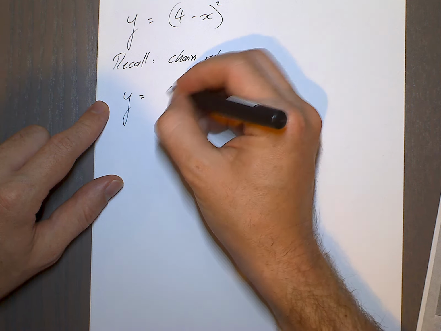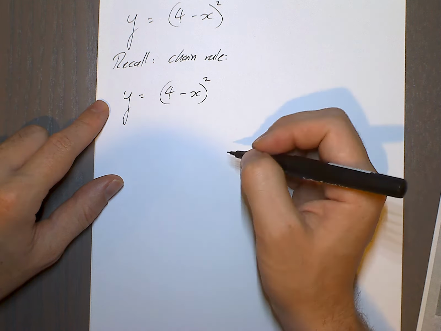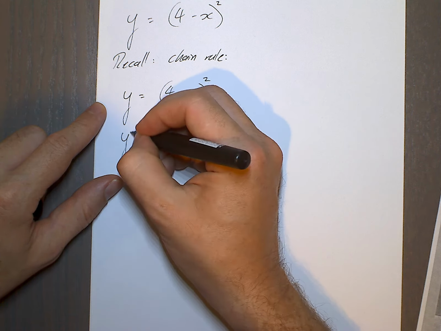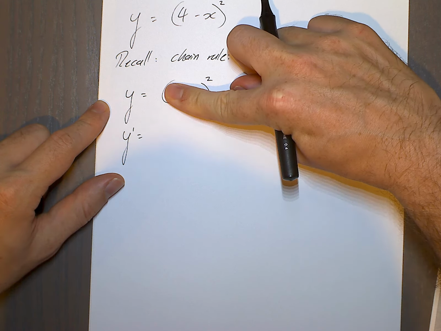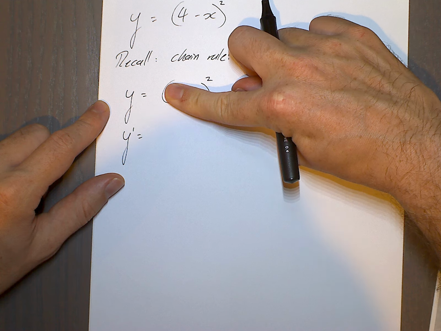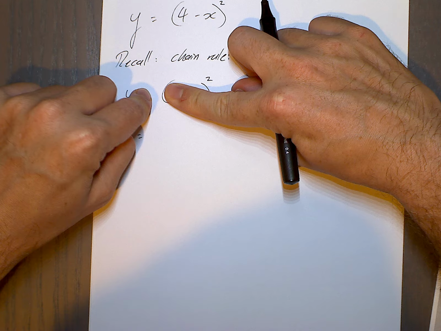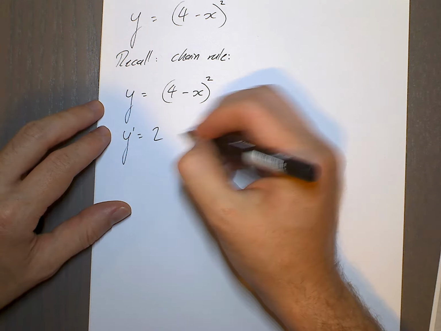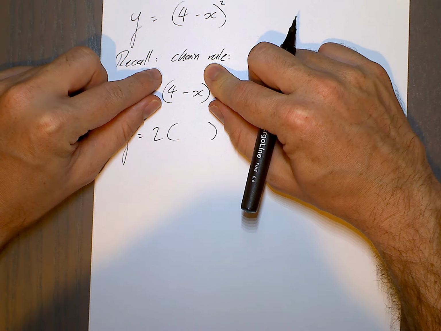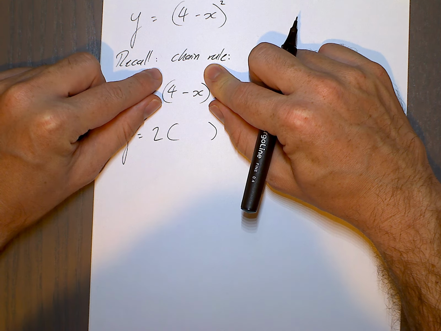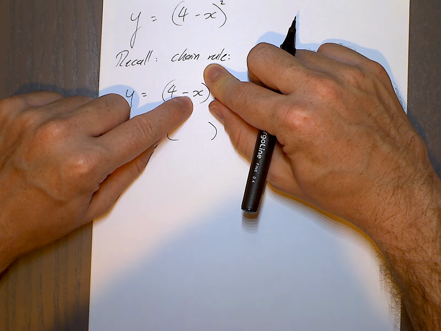If we have y equals 4 minus x, all squared, we're going to differentiate that. So y dash. If we just treated the bracket as a whole number, let's call it a, and this was a squared, we would bring down the 2, and it would be 2a. So let's bring down the 2. Now if we just differentiate the inside, the 4 would go away, the x would go away, that would become minus 1.